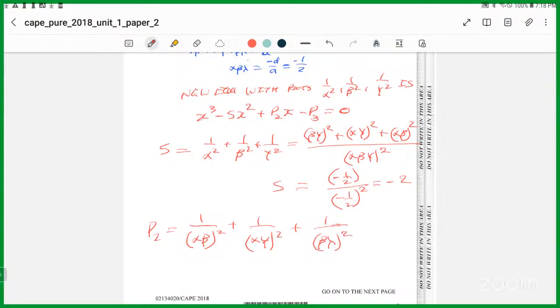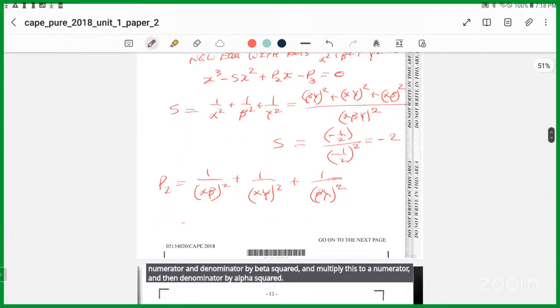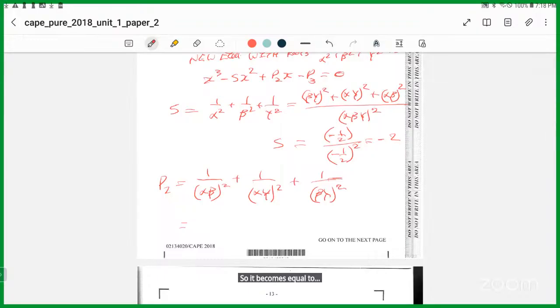Then to make this into one fraction, you multiply this numerator and denominator by gamma squared, this one by beta squared, and this one by alpha squared. So it becomes equal to gamma squared plus beta squared plus alpha squared over alpha beta gamma all squared.